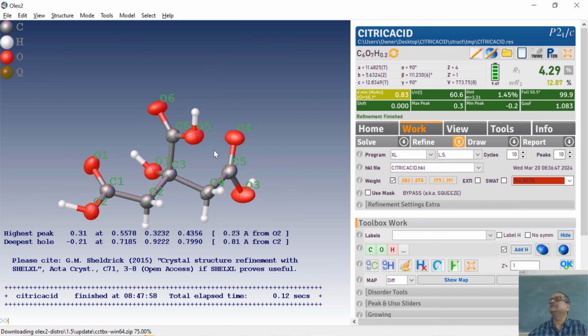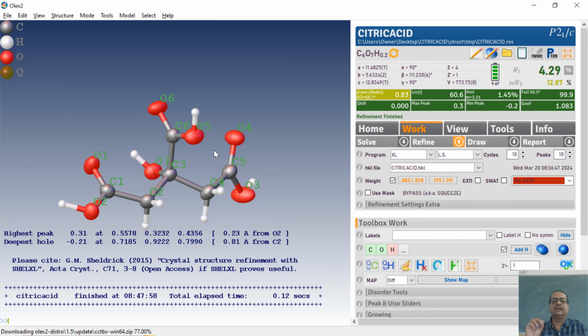Since this data is of extremely good quality on a very good crystal, from the residual electron densities, we are able to identify the hydrogen atom positions, which is not always possible. So what we have done is we have identified those hydrogens and refined.